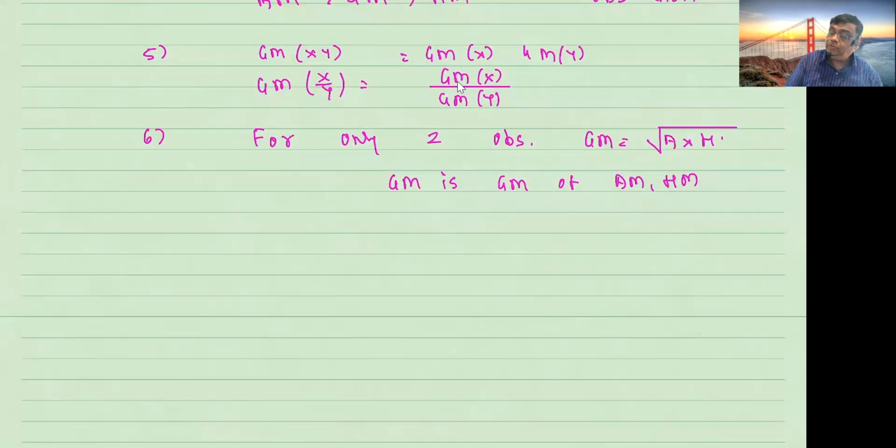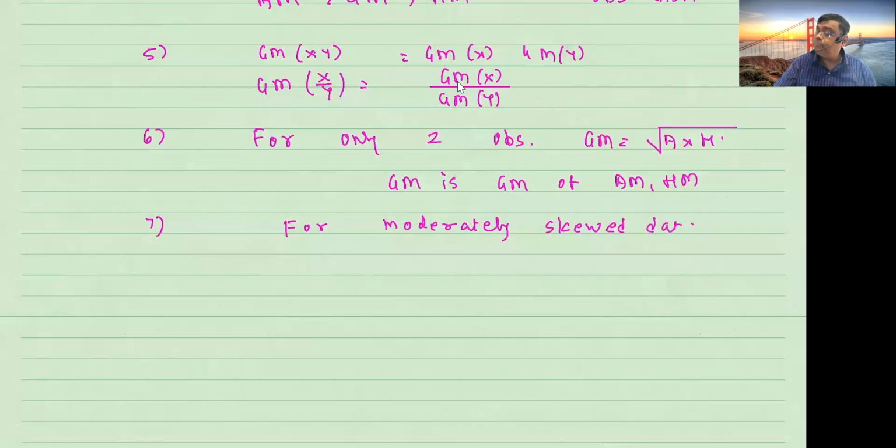Then at the 7th point over here, for the moderately skewed data, mean minus mode is equal to 3 times mean minus median.